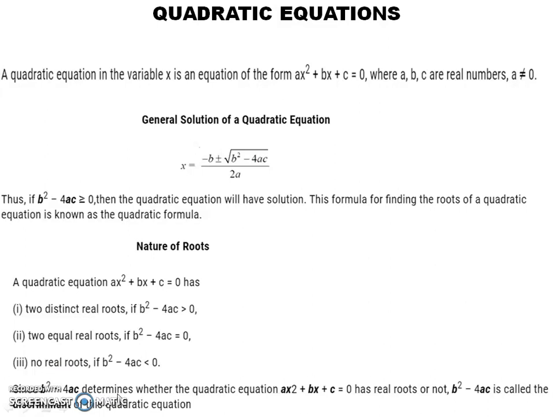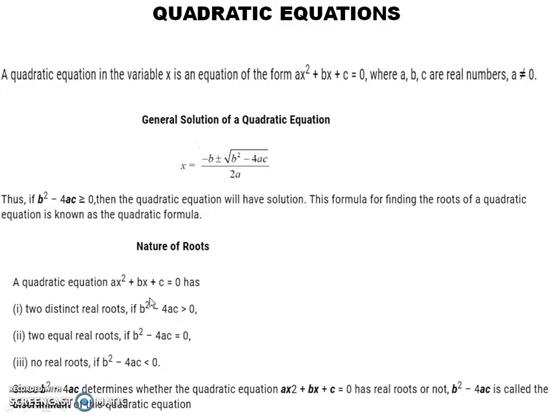That is, the solution will be imaginary. You will not get a real number for the quadratic equation as a solution. Why? The square root of a negative number is not yet defined. That's why we will not get real roots if b square minus 4ac is less than 0.